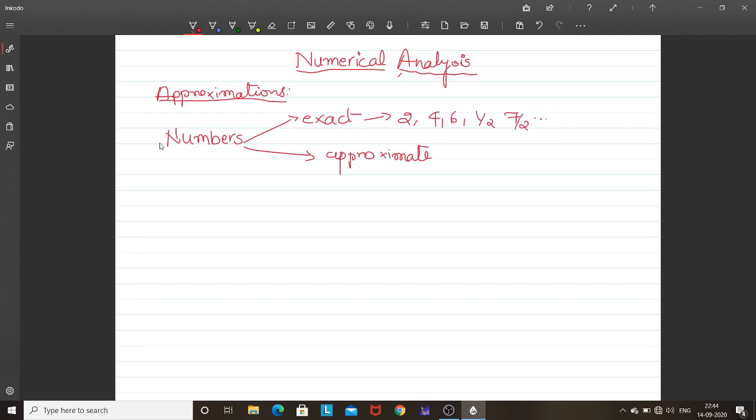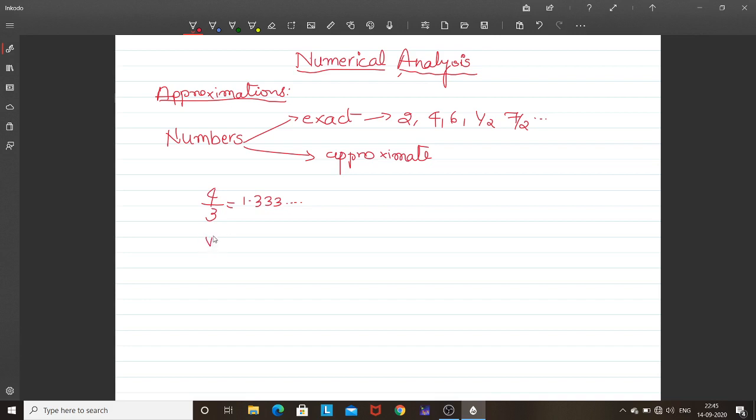So what about the approximate numbers? The numbers which represent the given number to a certain degree of accuracy are called approximate numbers. Let me take one example here. 4 by 3: when 4 is divided by 3, we have 1.3333, a non-terminating remainder.